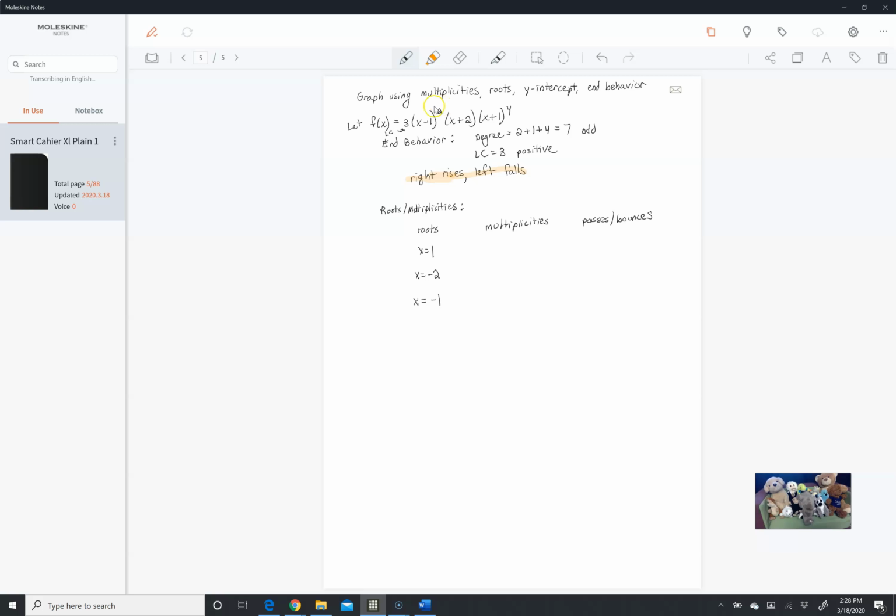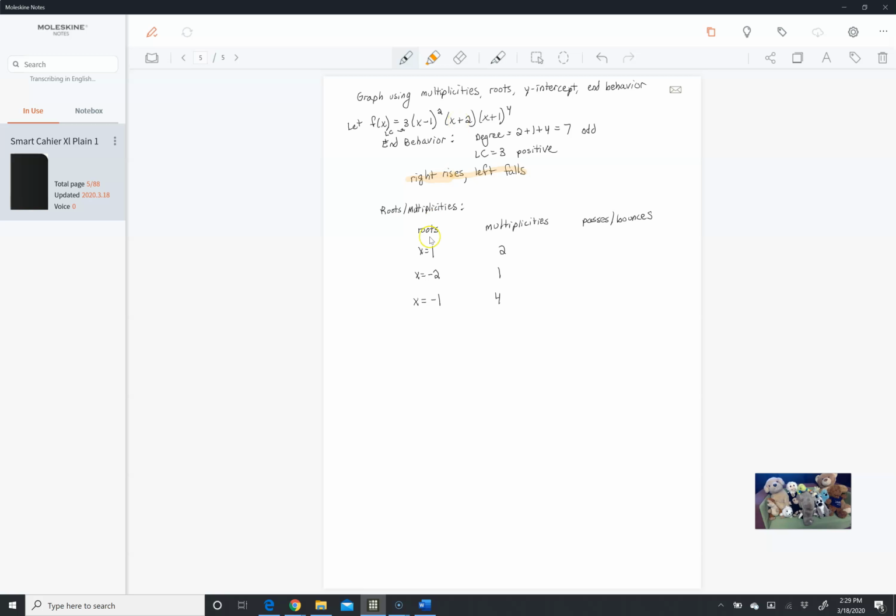Our multiplicities come from the powers. So the multiplicity of x equals 1 is 2. The multiplicity of x equals negative 2 is 1. There is no power, so it's just 1. And the multiplicity of x plus 1 is 4. So notice that this is x plus 1, but our root is x equals negative 1.